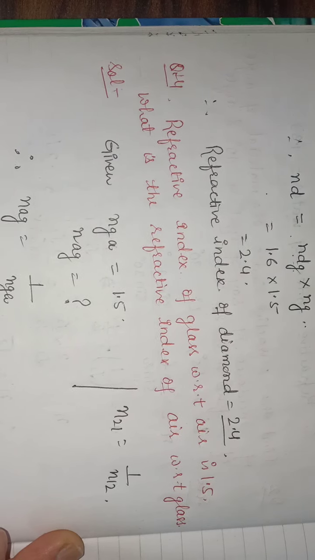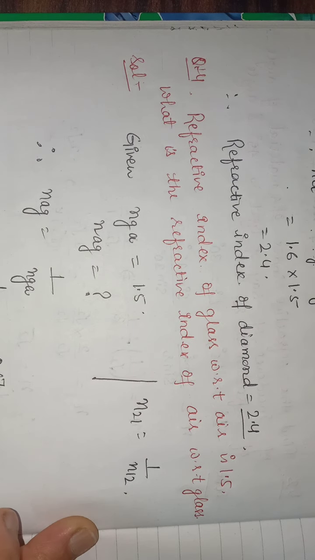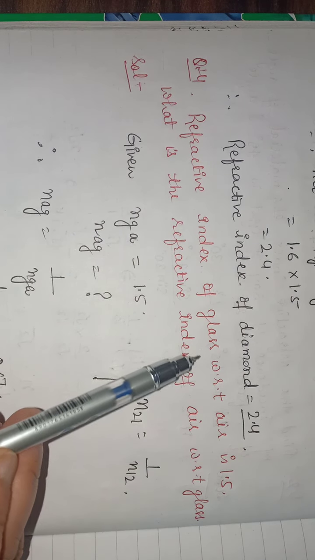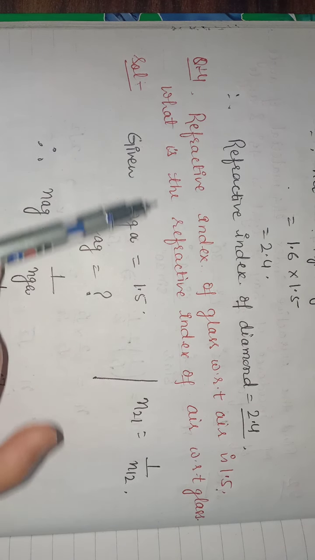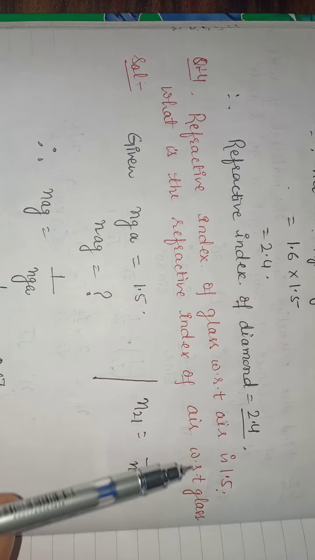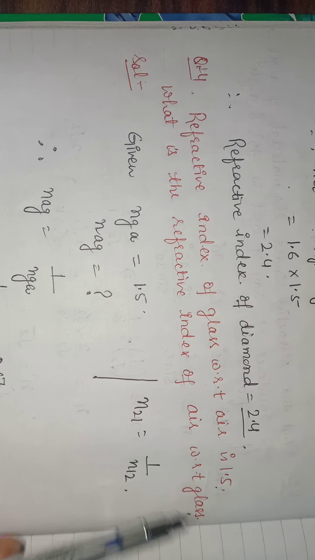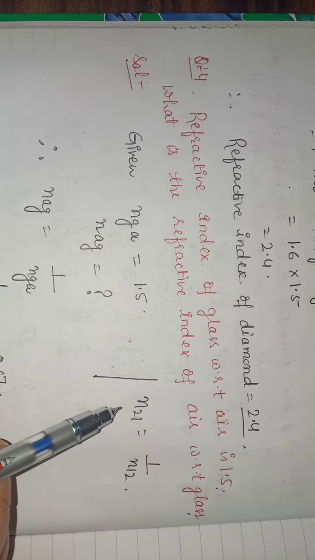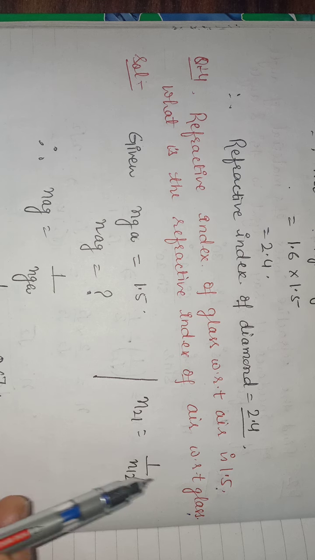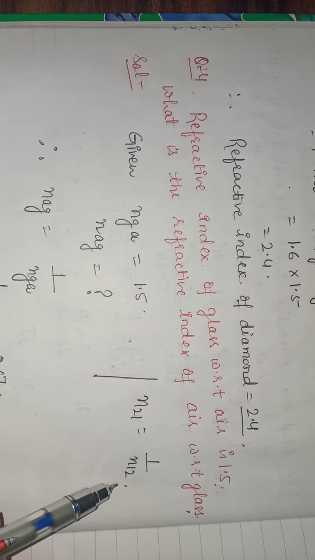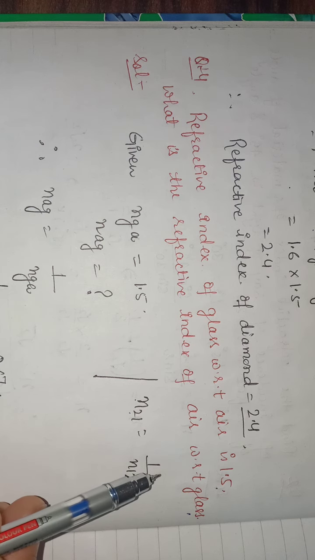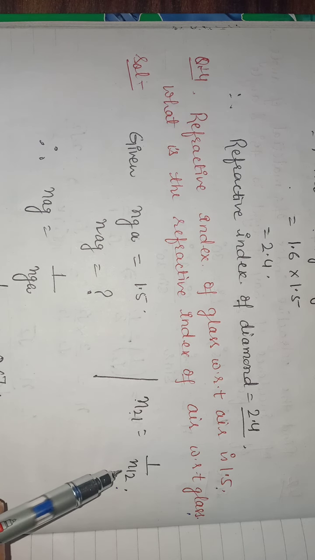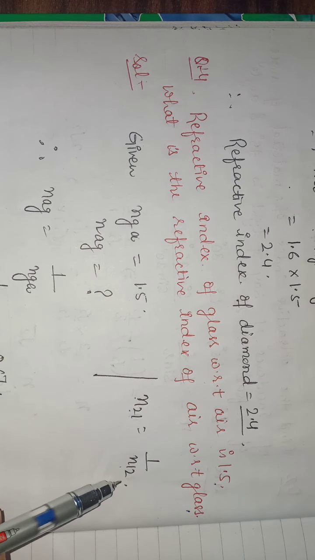Now one more question. The refractive index of glass with respect to air is 1.5. What is the refractive index of air with respect to glass? We studied a formula that N21 is equal to the reciprocal of N12. The refractive index of medium 2 with respect to 1 is equal to the reciprocal of the refractive index of medium 1 with respect to 2.